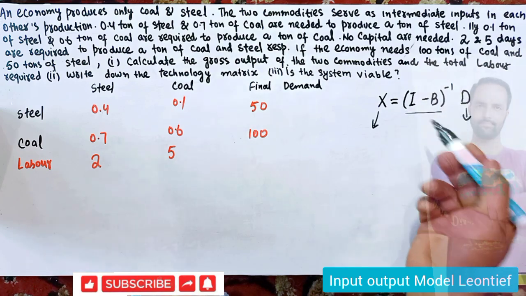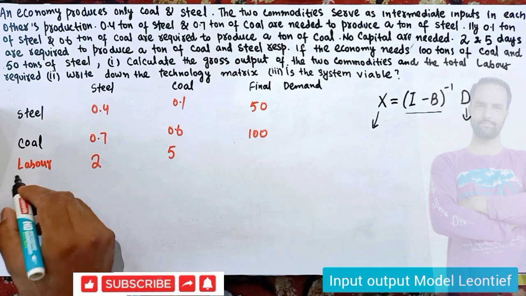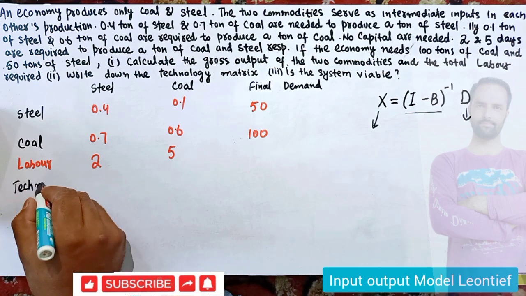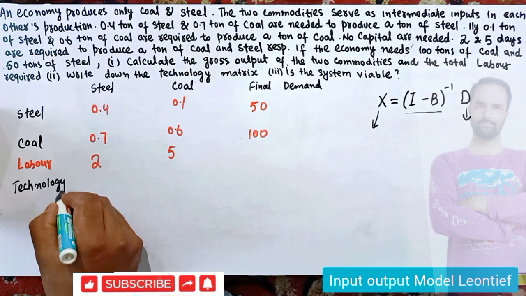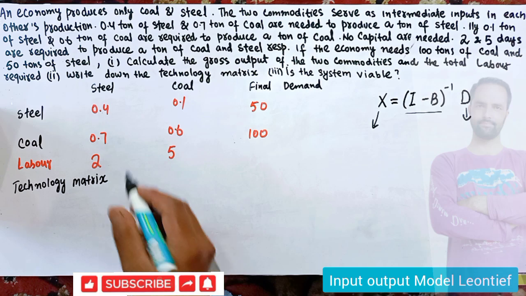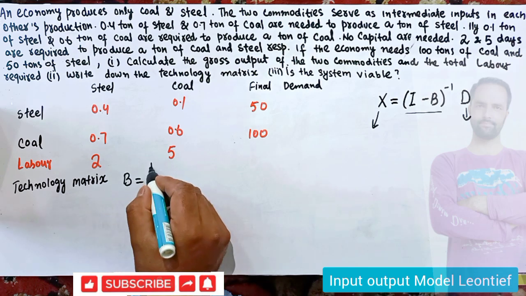Okay, now how do we calculate this Leontief matrix? First we need to find out the technology matrix. Okay, so our technology matrix, let me write it here. Let us write it like B is being written like this.